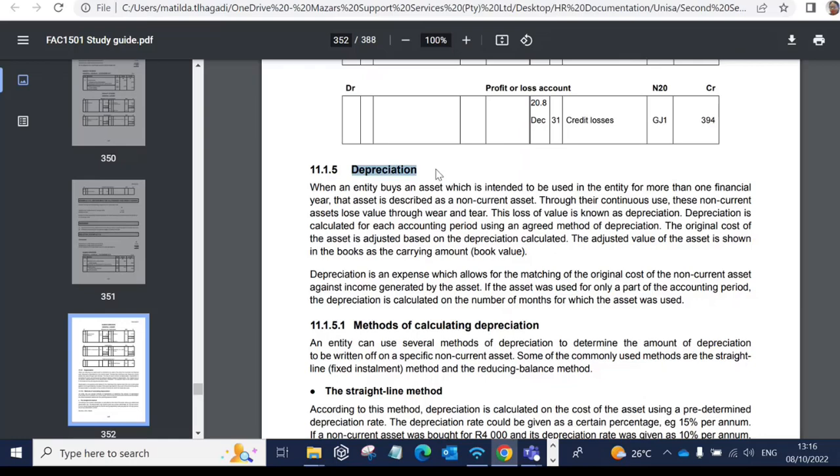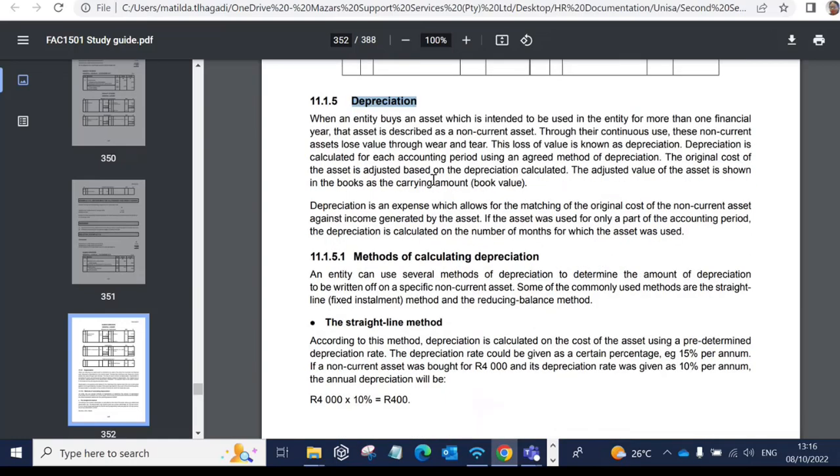We are now on depreciation. When an entity buys an asset which is intended to be used in the entity for more than one financial year, that asset is described as a non-current asset. Through their continuous use, these non-current assets lose value through wear and tear. This loss of value is known as depreciation.